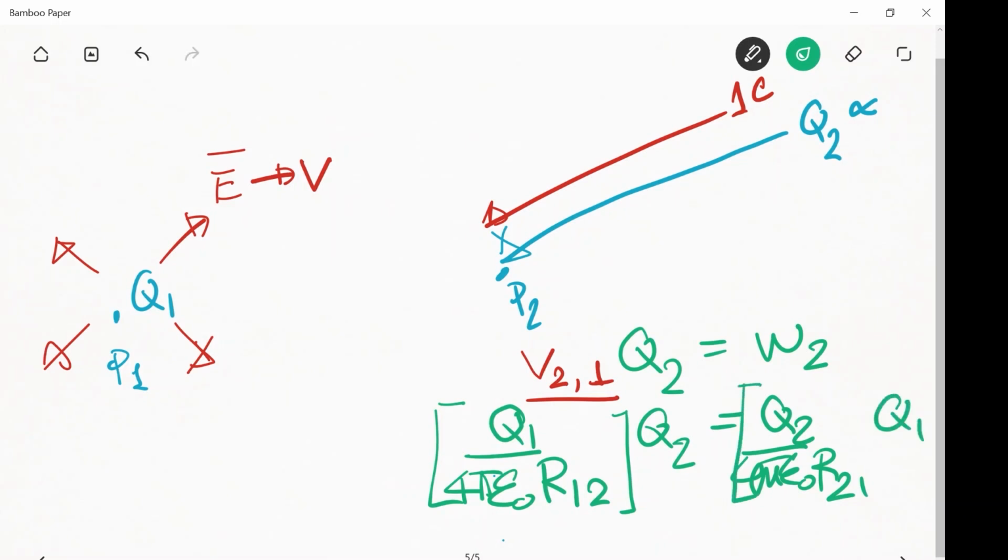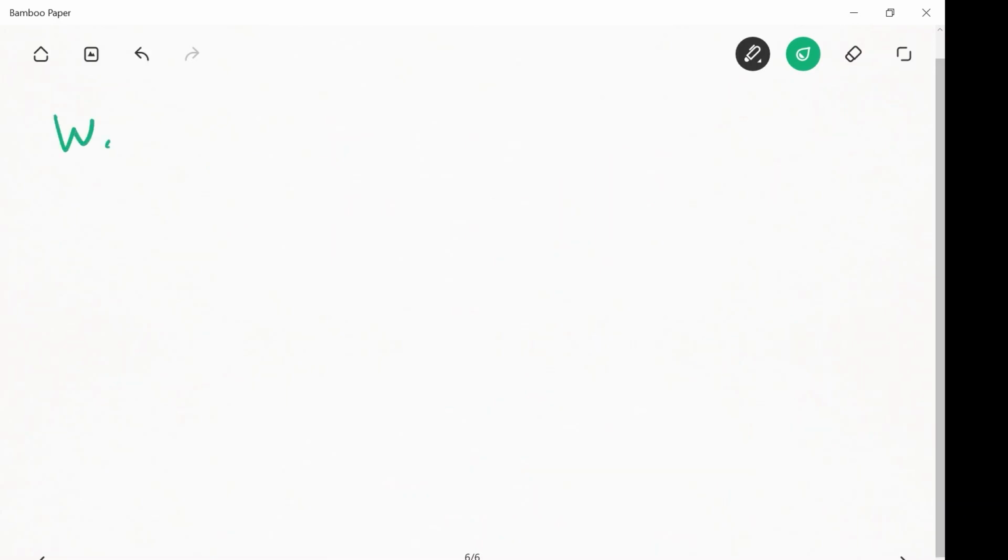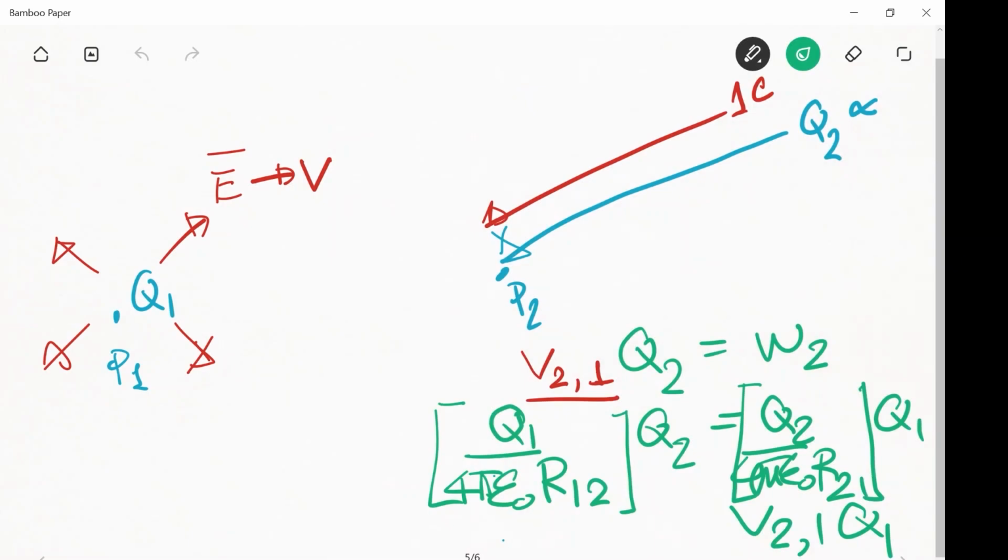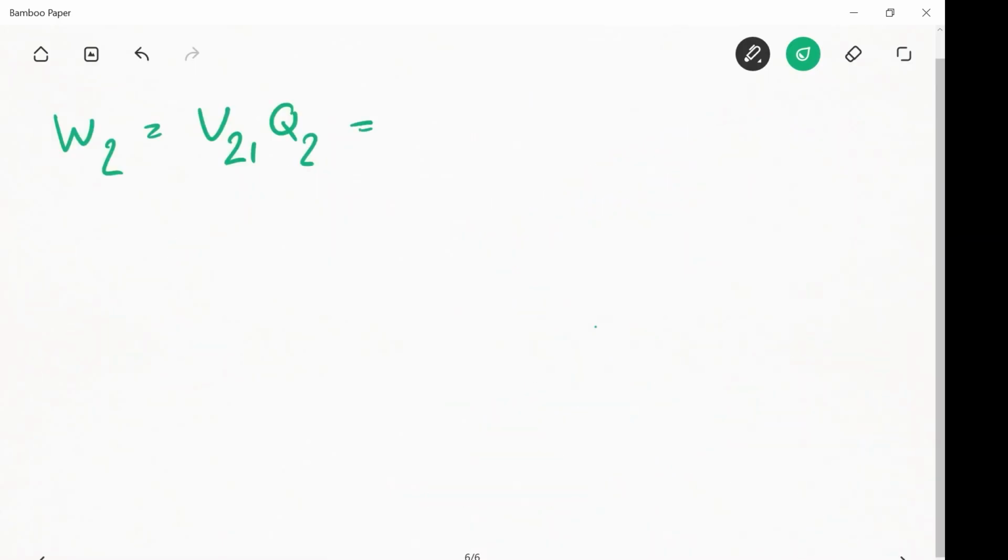The work of moving Q2 to point 2 equals V21 Q2, and also equals V12 Q1. This is the work we apply, the energy, to move a charge from infinity to that point.